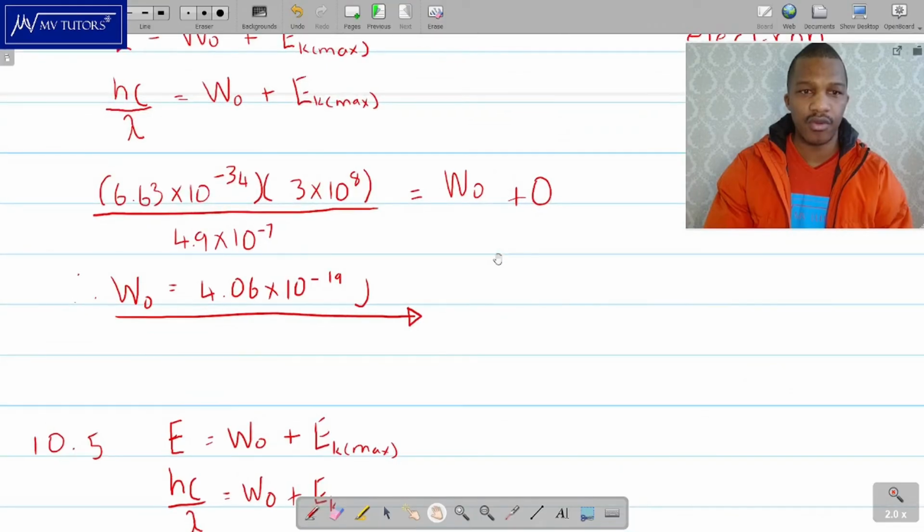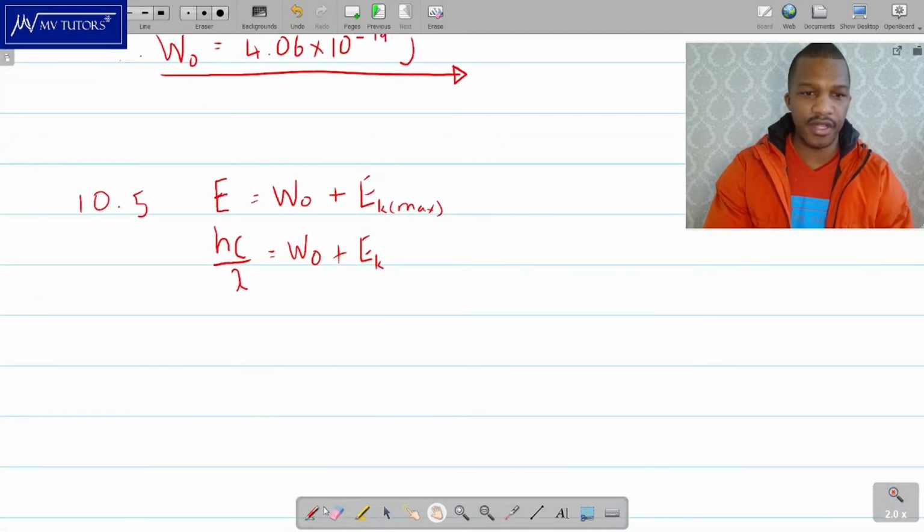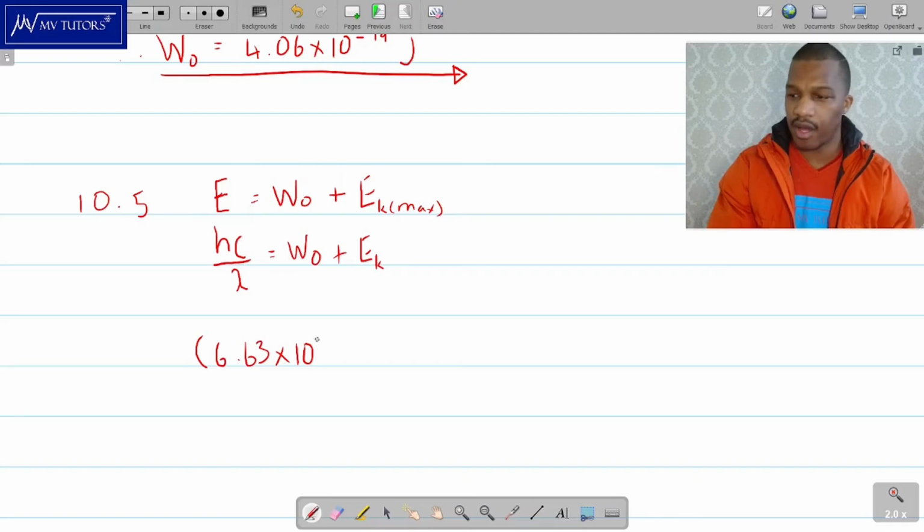Okay, so what we're gonna do is start filling this in. H, remember we said it's a constant and it's 6.63 times 10 to the power minus 34. Close the bracket, open a new one.